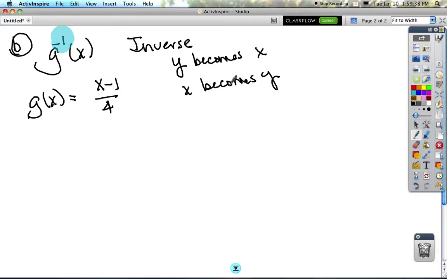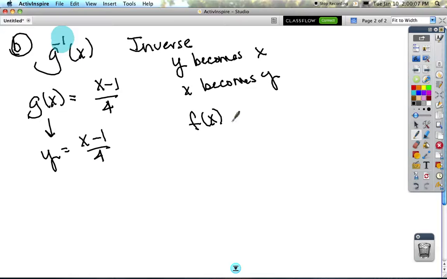It went up on the y's and then I turned it on its side and it goes along the x. I don't see a y right here. It's hiding. Does anybody know what is the equivalent to the y right here? The g of x. This can be rewritten as y. Make a note of that.